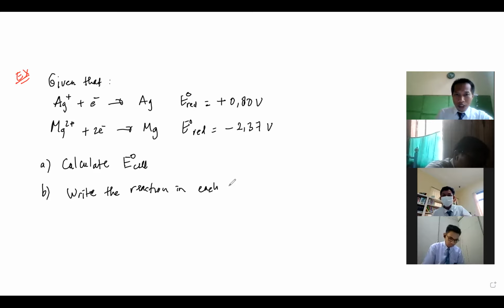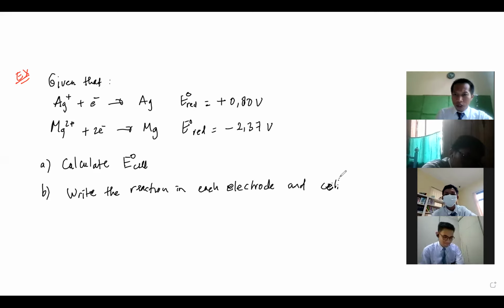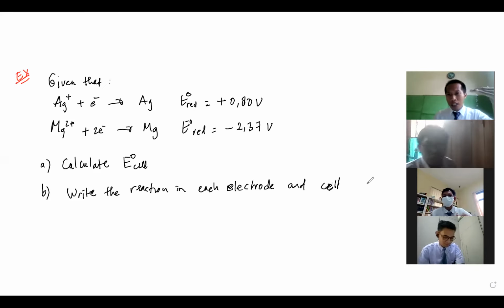So we have two electrodes, anode and cathode. So you are going to write the reaction in each electrode, and also the cell reaction. Cell reaction means the total reaction. So you're going to write here the cathode reaction, anode reaction, and cell reaction.